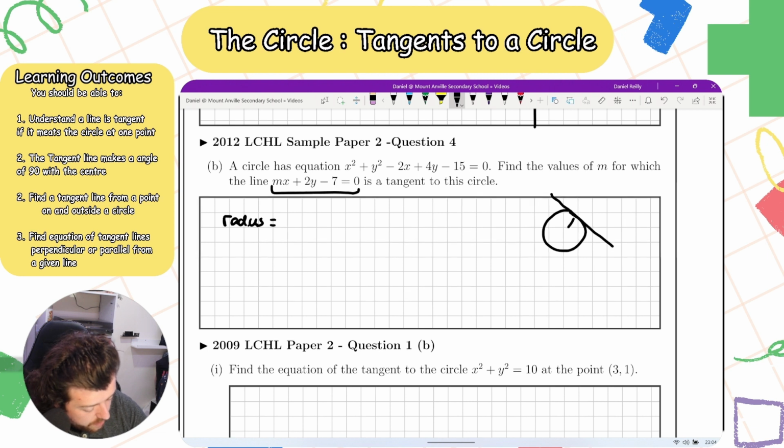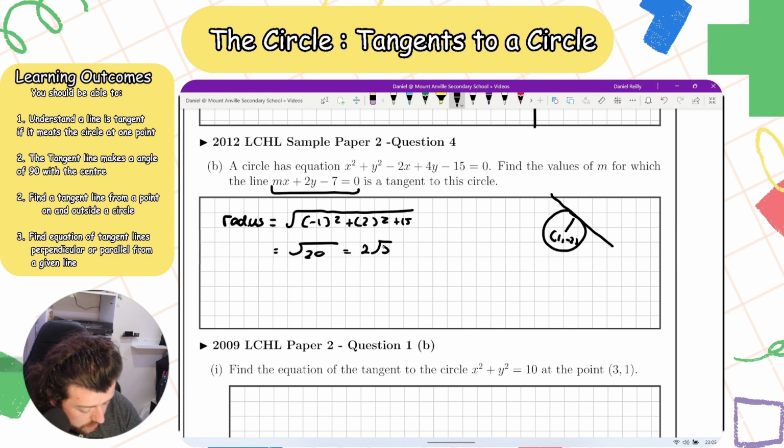My center point here is going to be (1, -2). And my radius is going to be the square root of (-1)² + 2² minus -15, which would be plus 15, which is root 20, which is 2 root 5. So 2 root 5 is my radius.